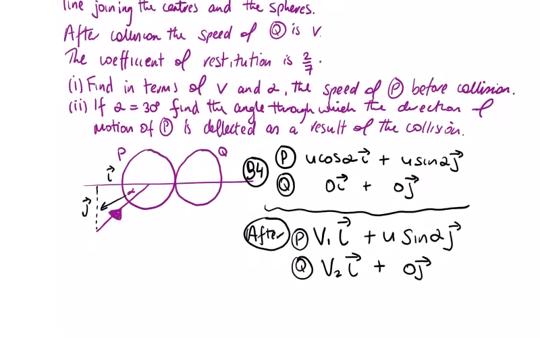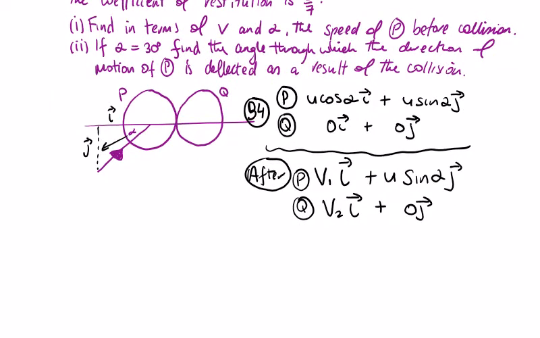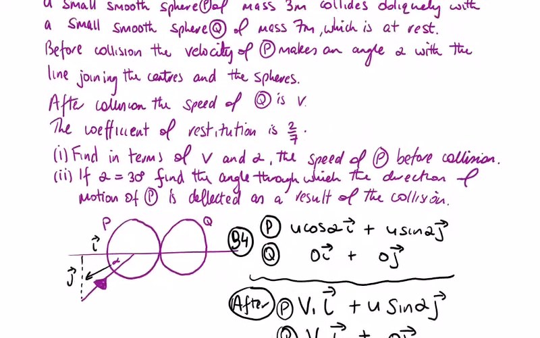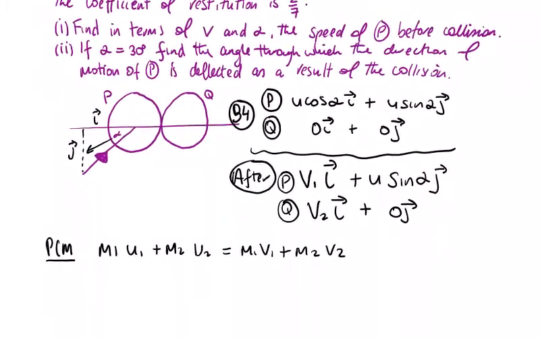So my principle of conservation of momentum: M1 U1 plus M2 U2 is equal to M1 V1 plus M2 V2. So we fill our information in. What are our masses? 3m and 7m.